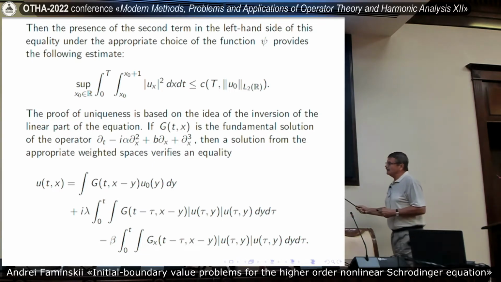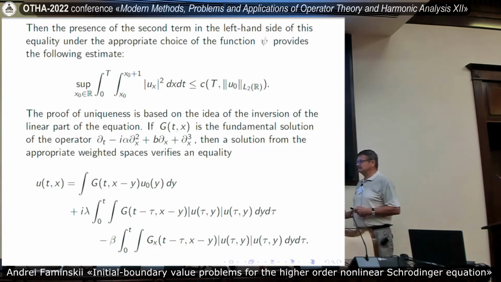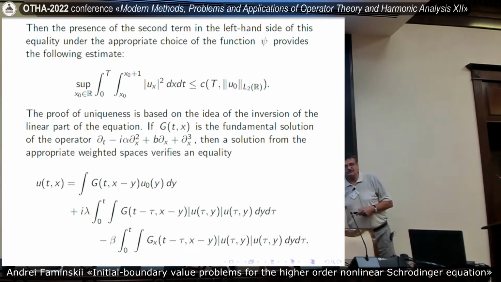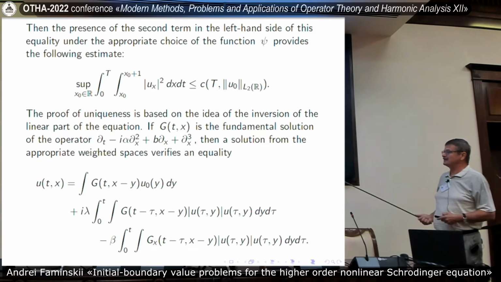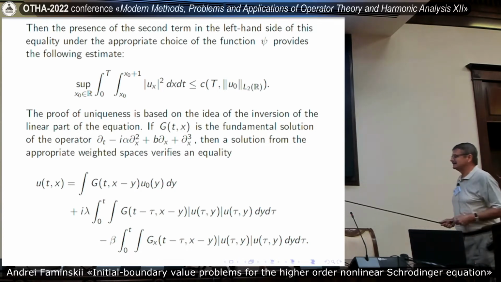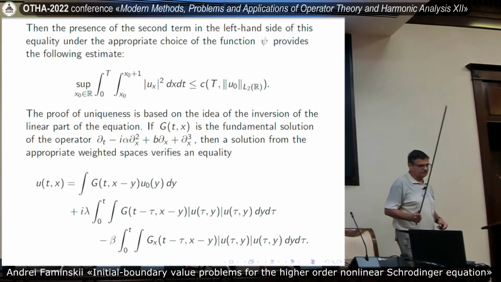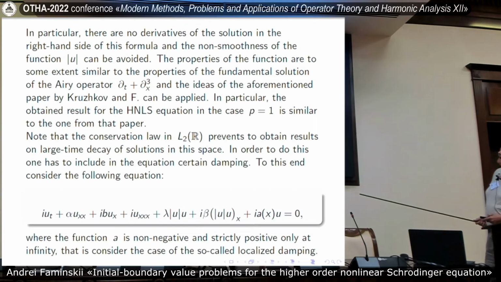And here we do not have to differentiate the nonlinearity. Here we differentiate the kernel. And just the properties of the kernel, the fundamental solution of the operator, lead to that peculiar number 3/4.